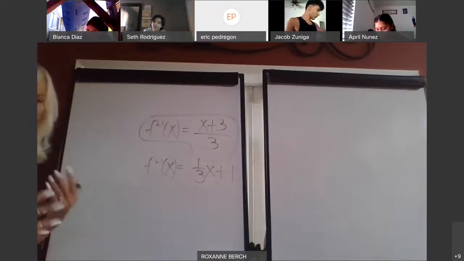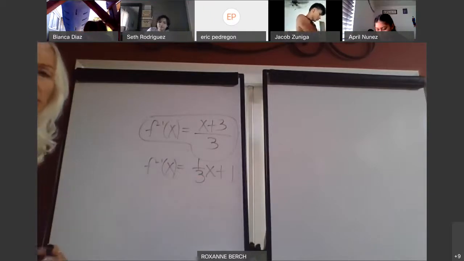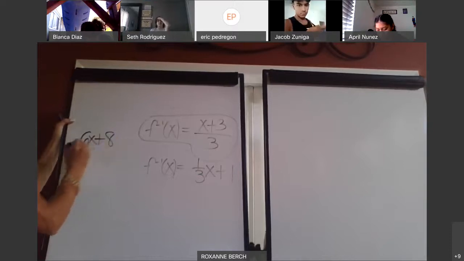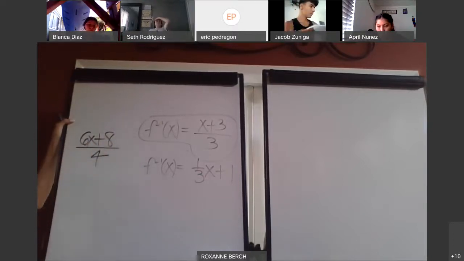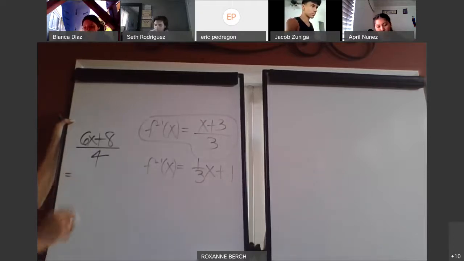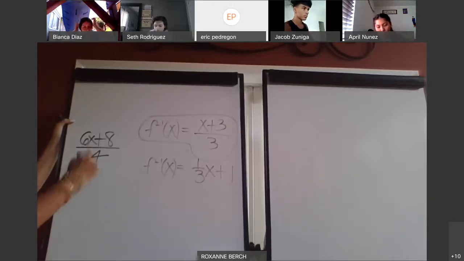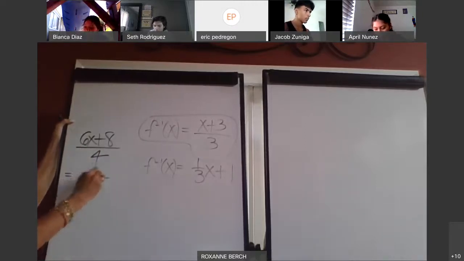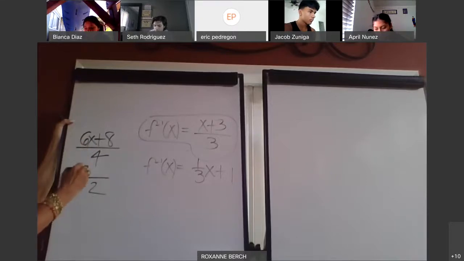So why is there this confusion with simplifying? Well, let's look at this. This can be simplified because we can make it smaller. So all three terms are divisible by 2. So 2 times what is 4? 2. 2 times what is 6?